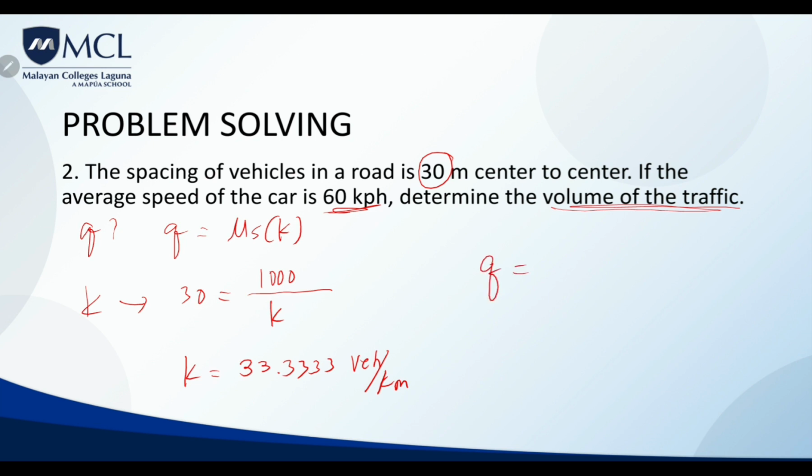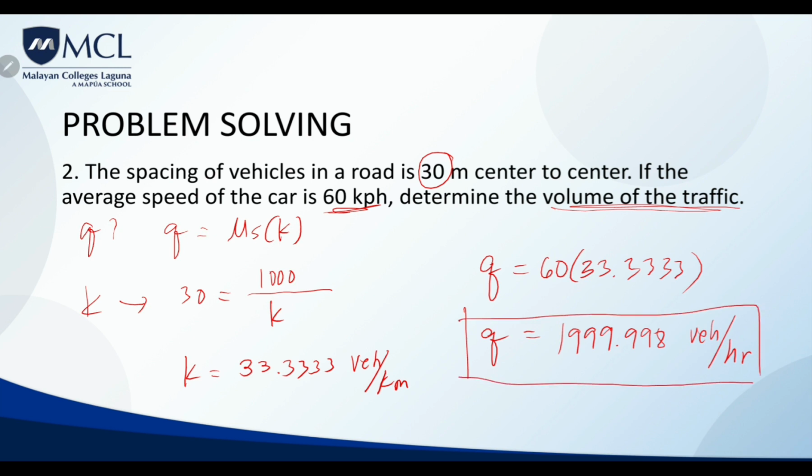Since we already have mu s, mu s is 60 kph, and K is 33.33. So, what is Q? Q is 1999.998 vehicles per hour. Okay, next problem.